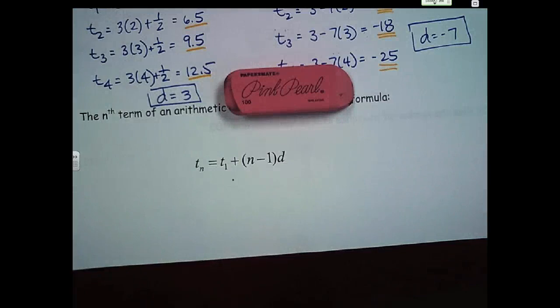If I want to find the 50th term or the 60th term, because not always is there a rule. You might know the first 3 terms, and by knowing the first 3 terms, you're going to say, okay, what's the 50th term? If I know the first 5 terms, what's the 100th term? Well, rather than adding 7 100 times, it's a lot easier to do what we just did.